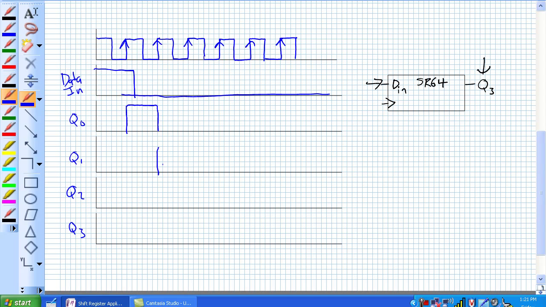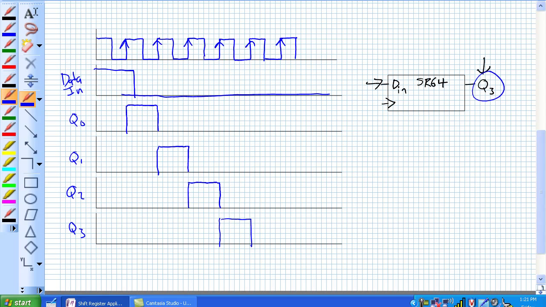Next positive edge, it's shifted into the Q1 position. Next positive edge, shifted into the Q2 position. And finally, the output, Q3 right there, at the next positive edge, is shifted into that position.